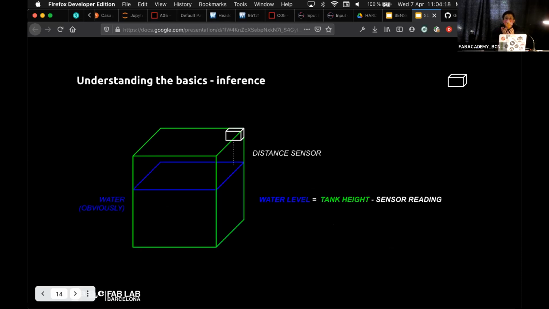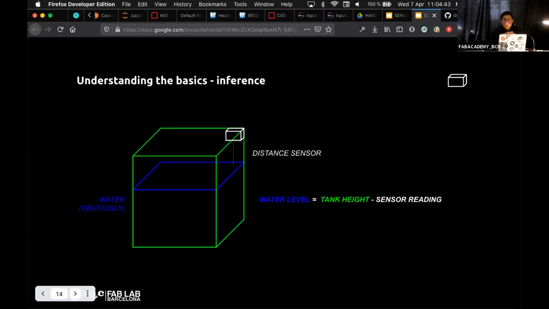Sometimes this thing is not as direct as one might imagine. For instance, if we want to measure the water level of this tank, there's not a water level sensor in the market that works for all tanks and gives us the water level in this type of tank and not in the other type of tank.